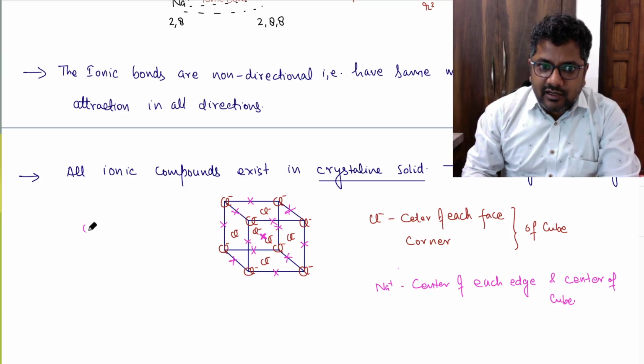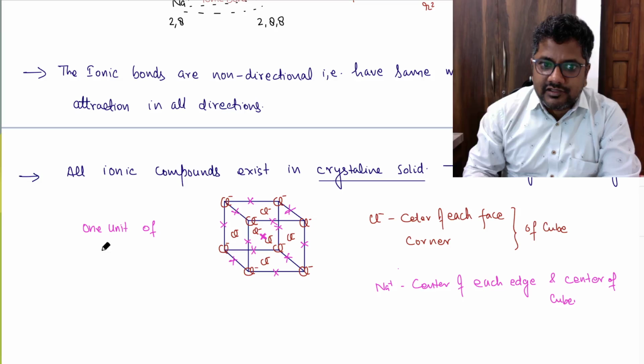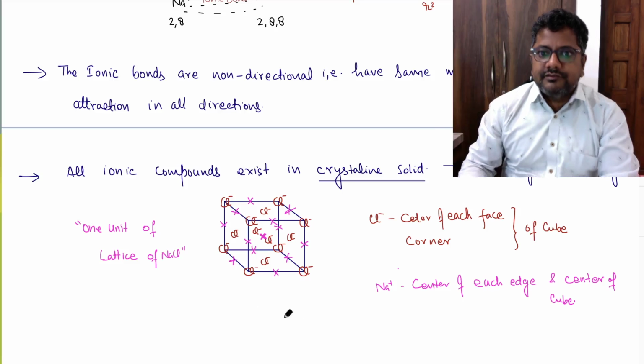and not the complete lattice, but this is one unit of the lattice of NaCl. This is one unit.